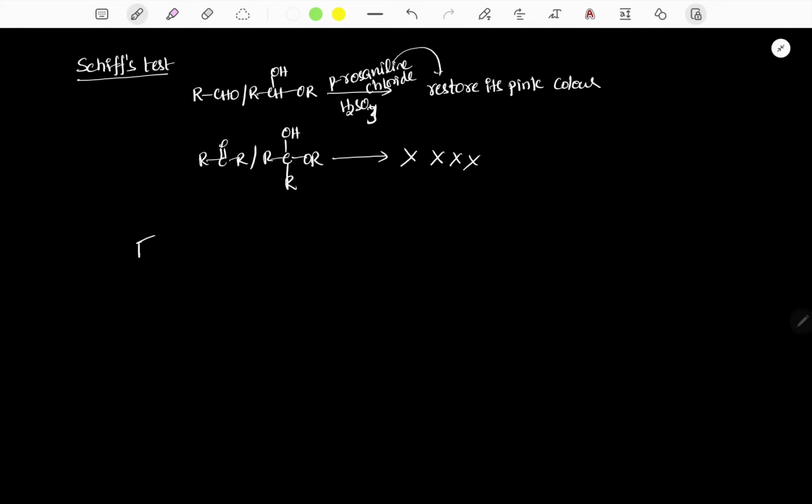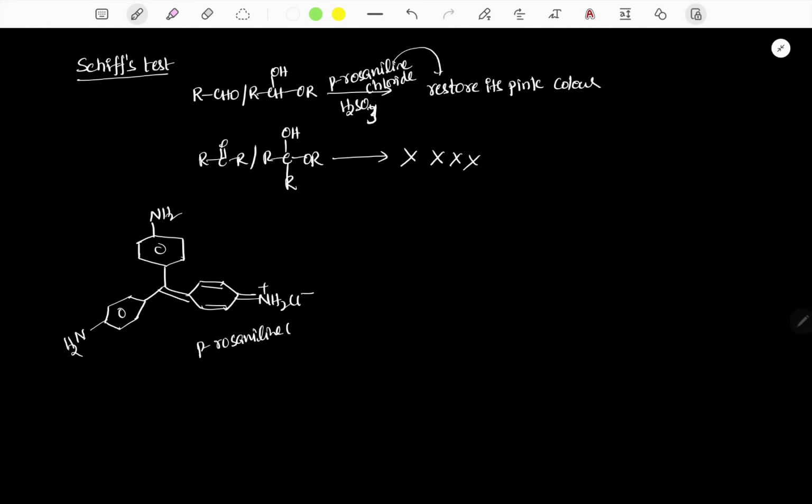It is para rosanilin chloride, with benzene rings and NH2 groups, NH2 plus Cl minus. Now it reacts with H2SO3.